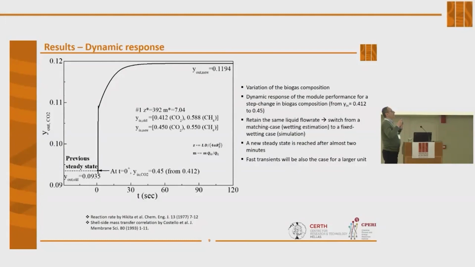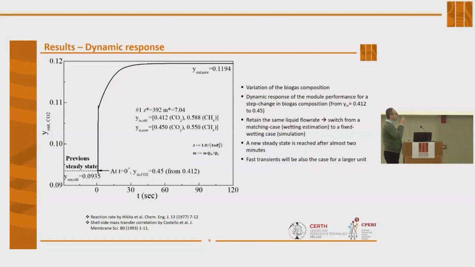Now, we know that biogas composition may vary not only seasonally, but in the same day. So what we do is impose a new biogas feed composition from 0.41 to 0.45 for some reason.